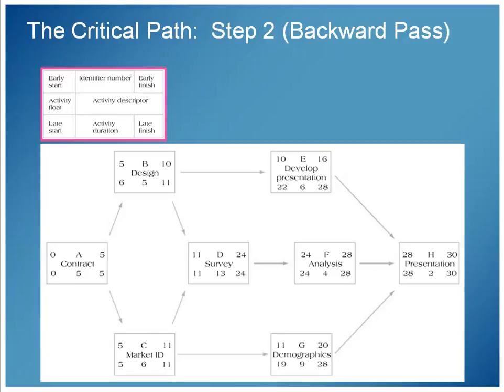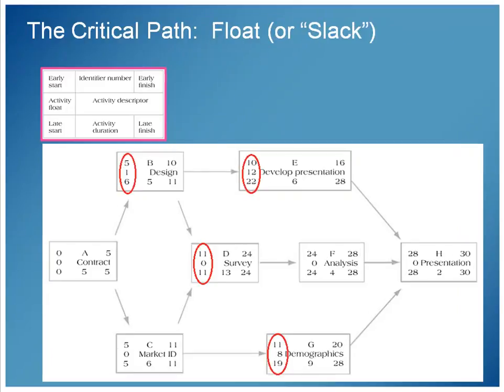We now have a network that at least is complete through early start, early finish times from the forward pass, and late start, late finish times from the backward pass. What's next in filling this up, and the thing we haven't done yet, is this thing called the activity float. It's the only piece of information missing at this point. And the activity float is very simple. The float is also sometimes called the slack.